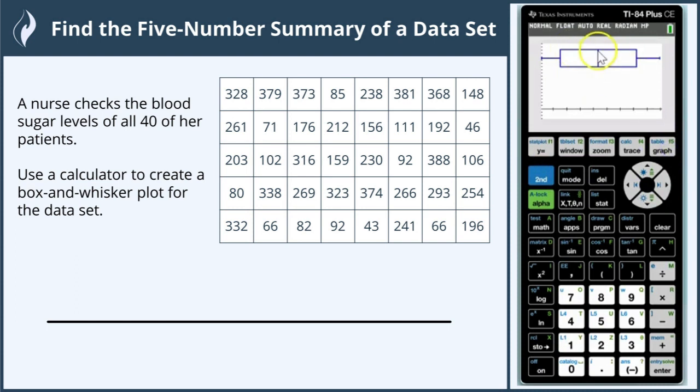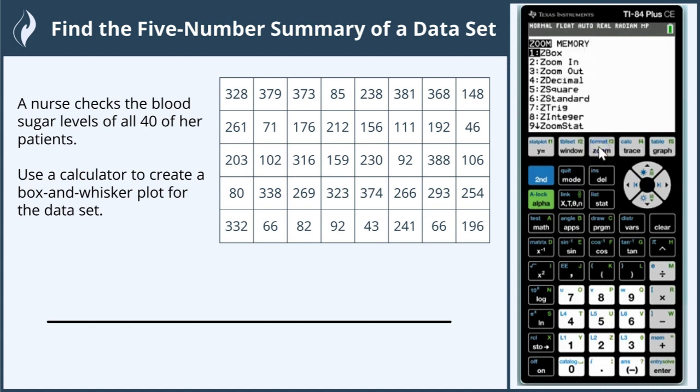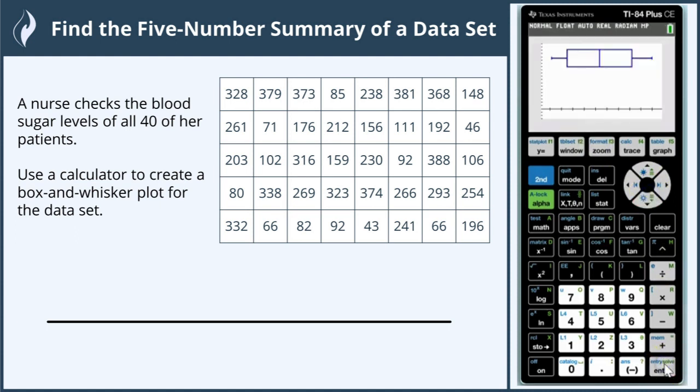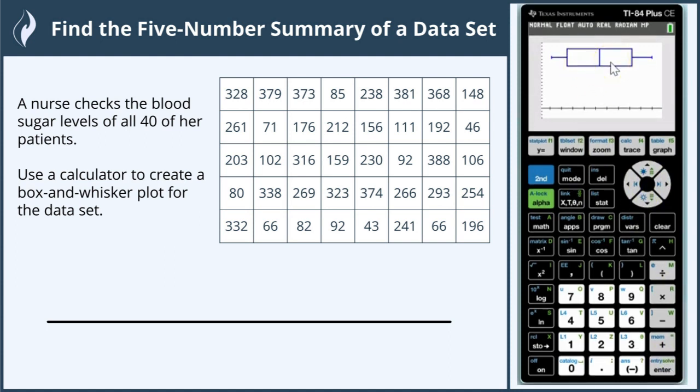Now, if you guys don't have your graph showing up, which is possible, then you're going to need to do this. Zoom stat. See zoom and then zoom stat, number 9. And then enter. And it will basically change your settings so that you can see your box and whisker plot.